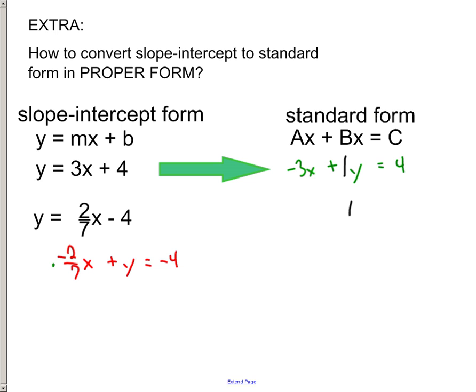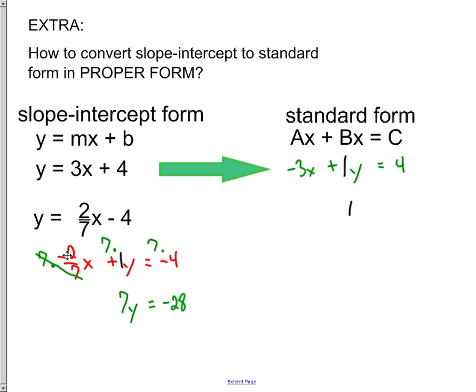Well, what if we were to multiply it by 7? We learned earlier that that would knock that out. So if we go through and multiply this term by 7, 1y times 7 would be 7y. And then 7 times negative 4 would be negative 28. See where I'm going with this?